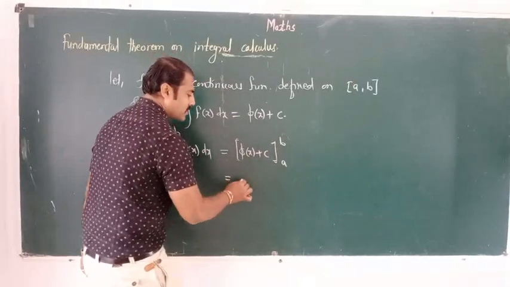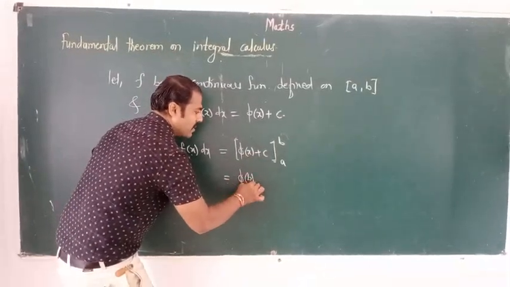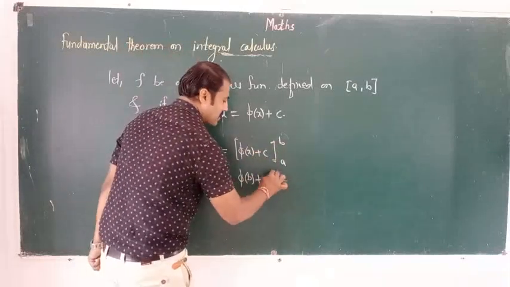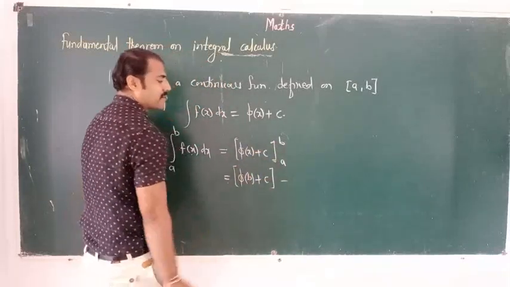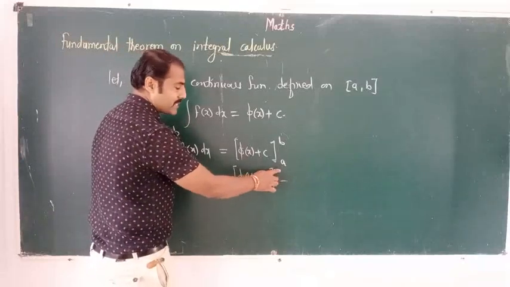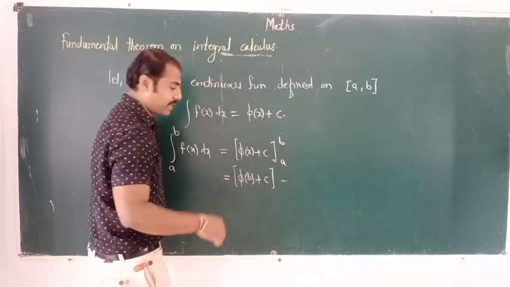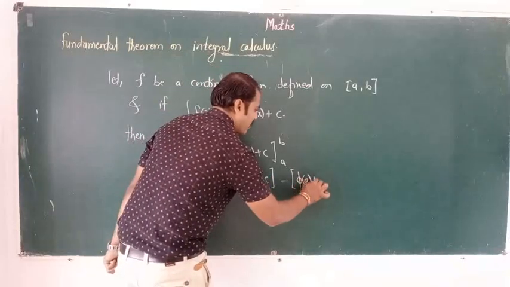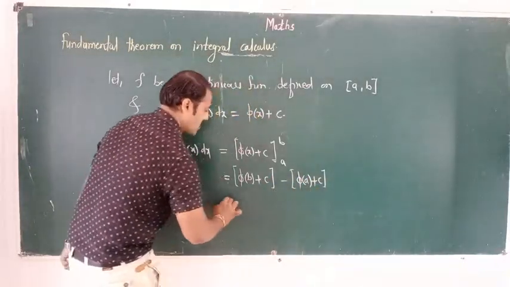Put x is b, so phi of b plus c, minus the value of the primitive at the lower limit, that is a, replace x by a, so phi of a plus c.